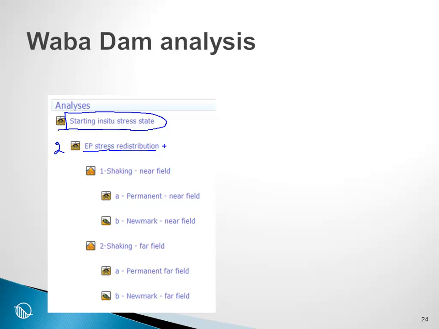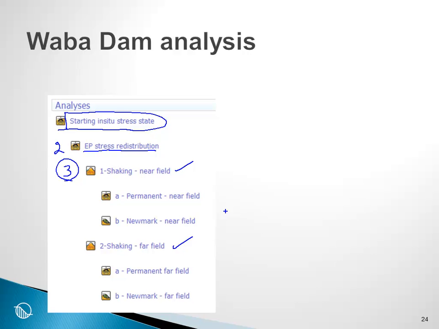Having done that, we have now established the stress state in the ground, and we can now do a quake analysis. In other words, a shaking analysis. In this particular case history, there were 2 earthquake records, a near field and a far field. So there are 2 different earthquake records being examined here.